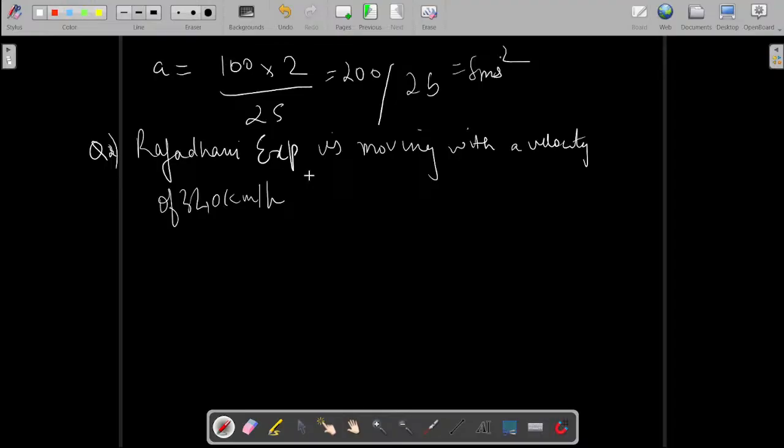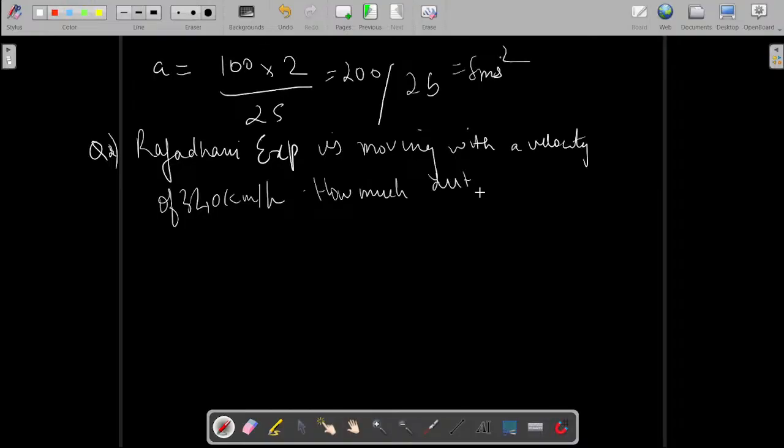How much distance will it move in 30 seconds? So this is the last question for today.